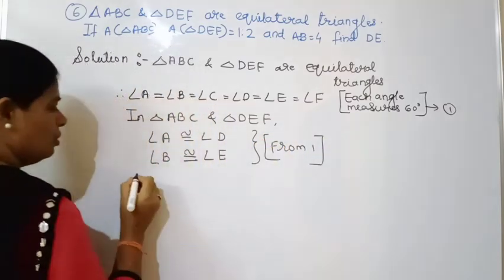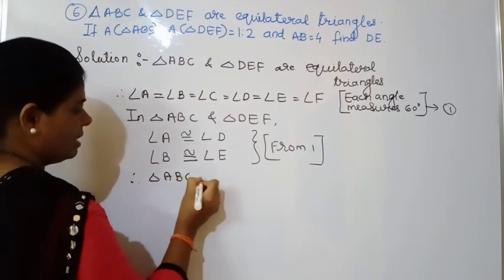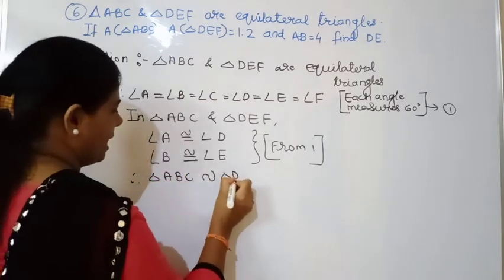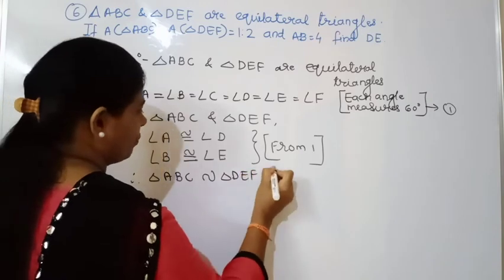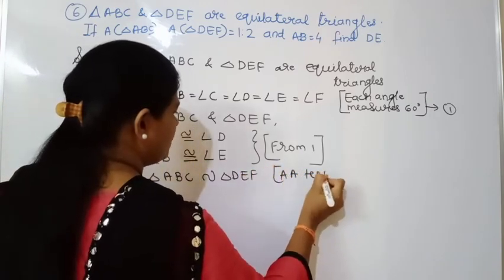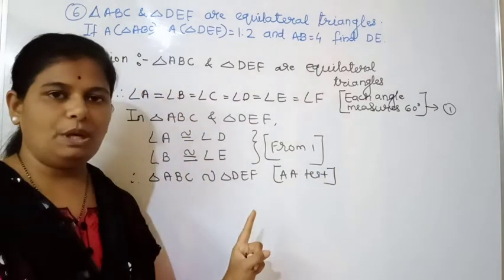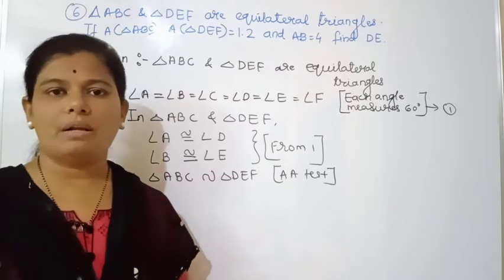So therefore we can say that triangle ABC is similar to triangle DEF, by AA test of similarity. Now we have proved that these triangles are similar.